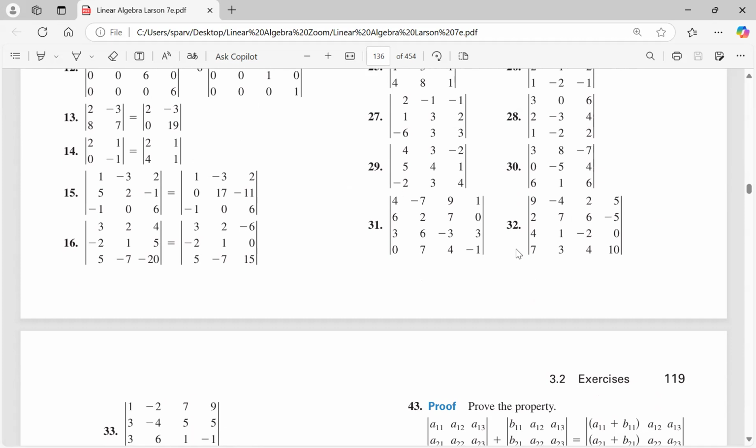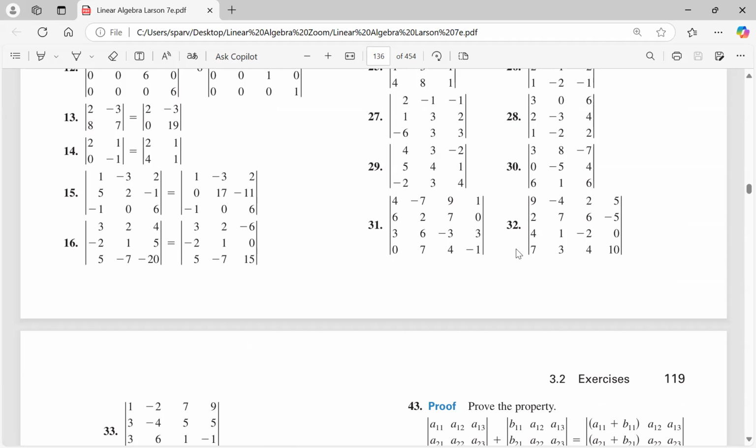Let's see how we're going to find this determinant. The entries are 9, 2, 4, 7, first column. -4, 7, 1, 3, 2, 6, -2, 4, 5, -5, 0, 10. Okay, I'll show you my notepad in a moment. So that's the determinant of A.